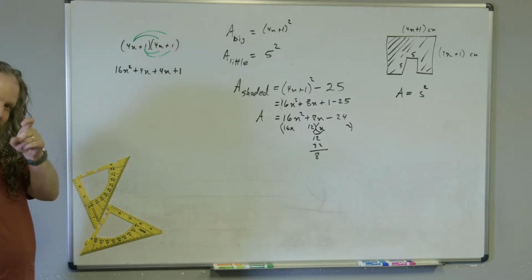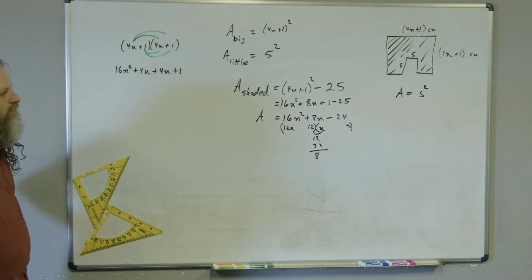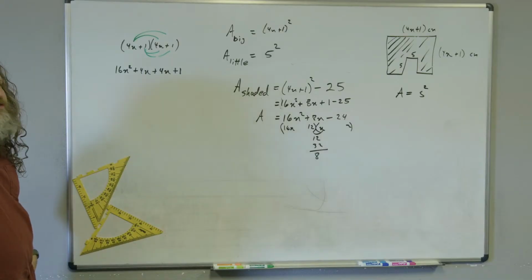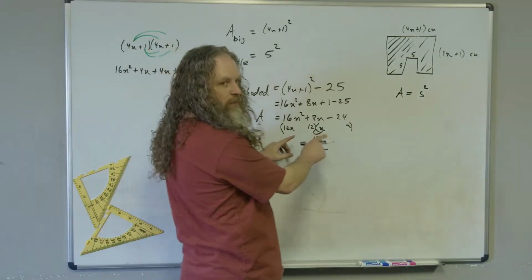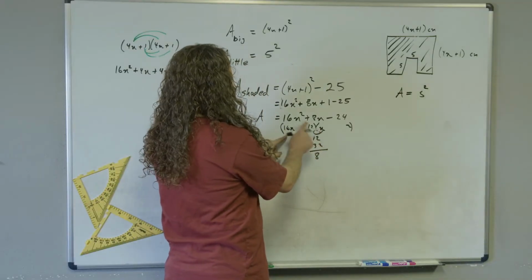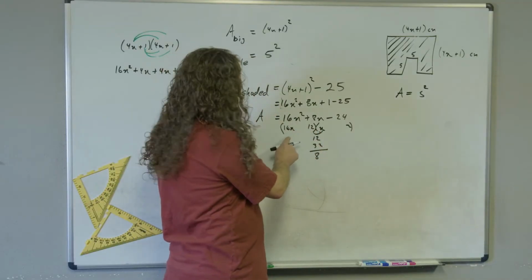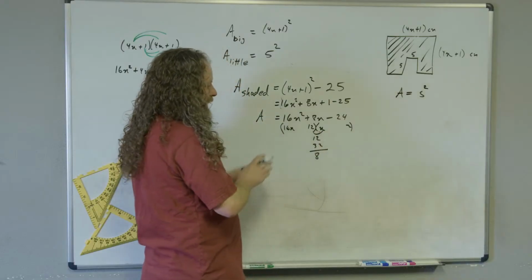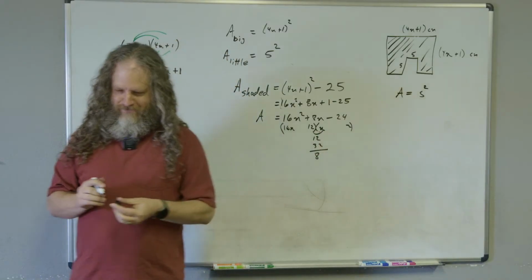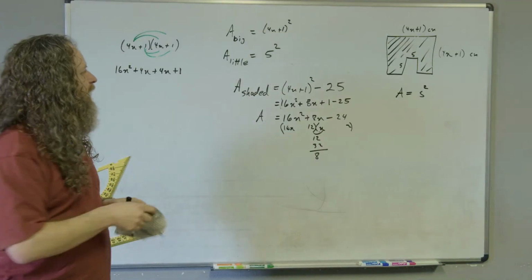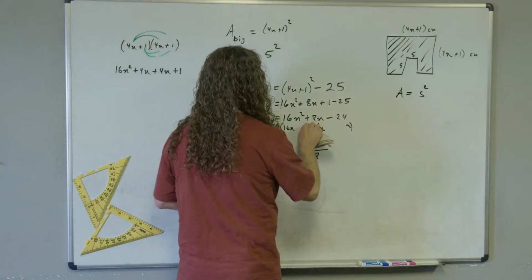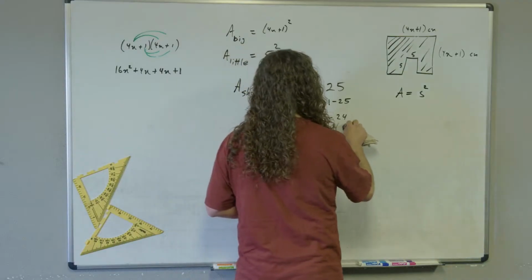Yes, ma'am? Why is it 16 on both sides? Because 16 times 16 is 256, not 16. Because remember, it's got to be what two things multiply to get this one. So it's 16 times 1. So that didn't work. What do we want to change? 8. 3 times 8. Sure.